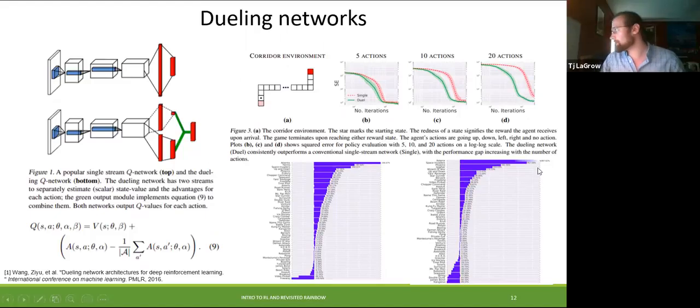I know the numbers are extremely small, I apologize, but I think this is Atlantis as the top game, there's an improvement of 296%, whereas over here it's like 4,000%. So it's a different order of magnitude of improvement when you add prioritized experience replay.